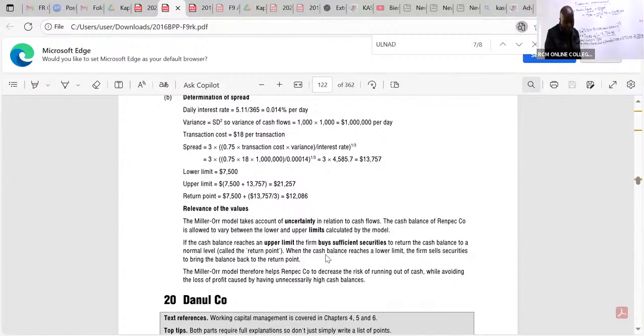So when the cash balance reaches the lower limit, the firm sells securities to bring the balance back to the return point. The Miller-Orr model, therefore, helps RENPEC company to decrease the risk of running out of cash while avoiding the loss of profit caused by having unnecessary high cash balances.